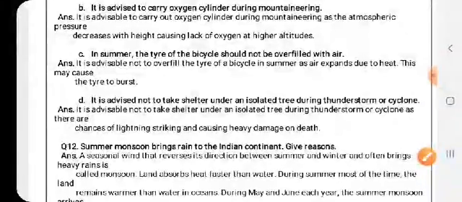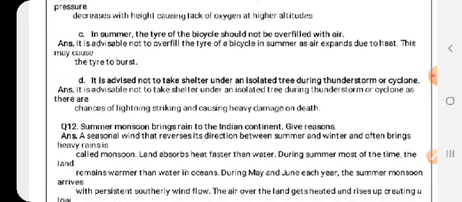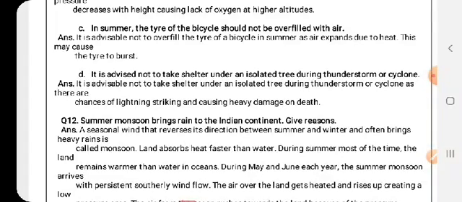Next is, it is advised to carry oxygen cylinders during mountaineering. Why is it advised? Just because as we go higher in height, the air above us gets lessened, due to which the pressure decreases. Due to that, the oxygen amount also decreases. So that is why. Next is, in summer, the tire of a bicycle should not be overfilled with air.